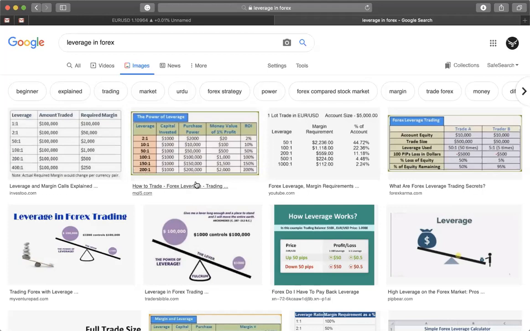Now, the reason why you need all this money to trade is because you're actually buying a currency, right? And that currency is only moving a few cents, right? Maybe 1 cent, maybe a tenth of a cent. Now, in order for you to actually profit off that small movement, right, you need to have bought a lot of that currency.